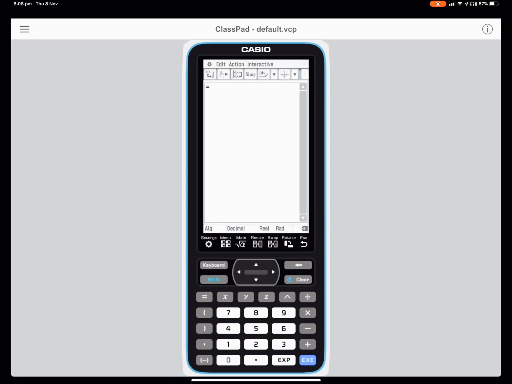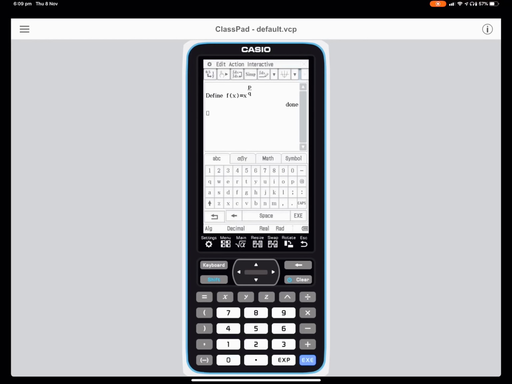I'm going to define them. x to the power of p divided by q, define that as f of x, and x to the power of m divided by n, and that's going to be my g of x.